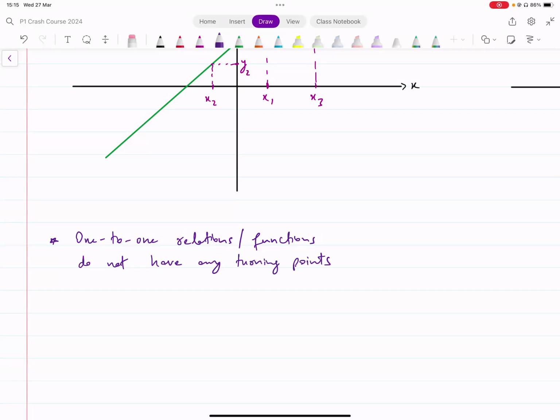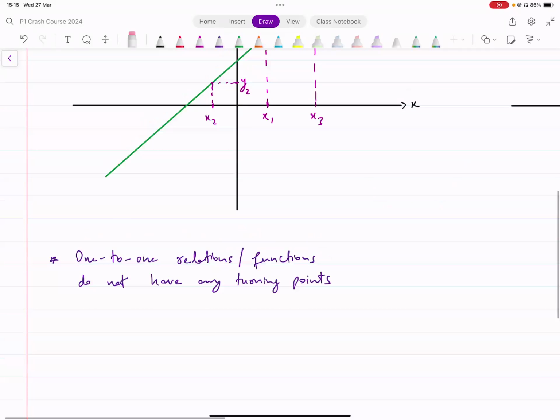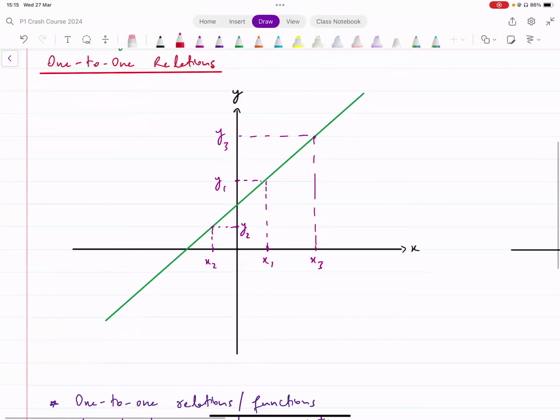They don't have any turning points, because if you have a turning point, then the function would not be a one-to-one function anymore. If there's a turning point in the middle of the graph somewhere, if it looks like this, for instance, then this is not a one-to-one function. We'll see in the next example now. So this is a one-to-one relation.